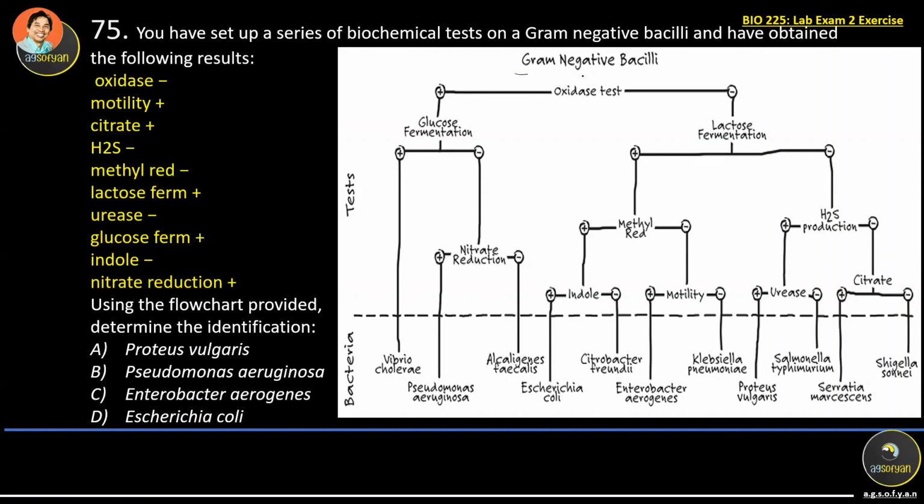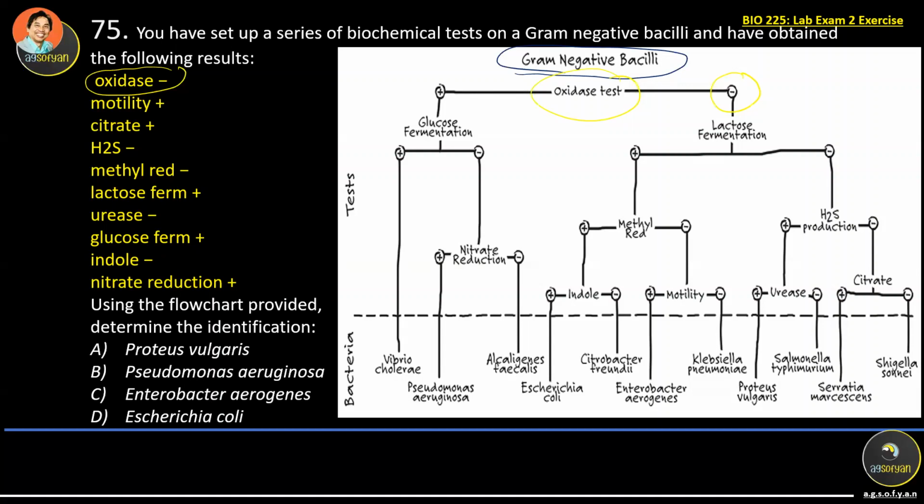So we're going to use this dichotomous key for the Gram-negative bacilli group. Now, what is the result of the test and how do you identify the unknown bacteria? First, it says that the first test is oxidase. It says that oxidase negative. Look for the oxidase negative. So you go this way. Okay, you're going here.